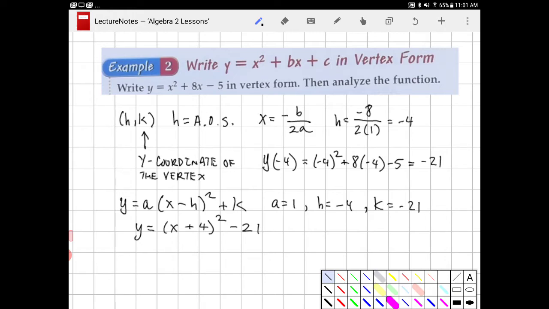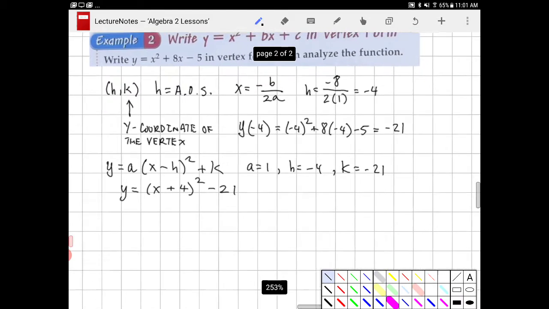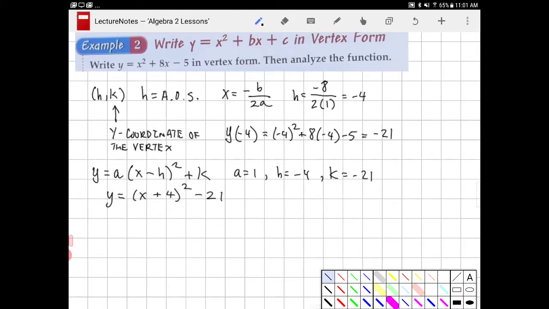Then we have to analyze the function, meaning we talk about how this is transformed compared to the parent function. So y equals x squared is shifted 4 units left and 21 units down.